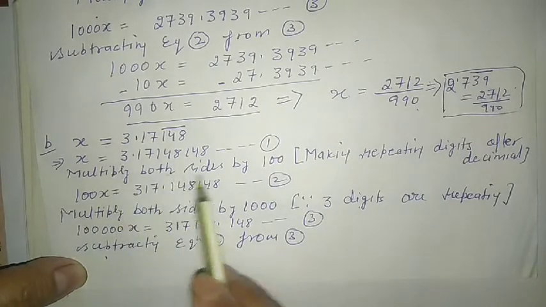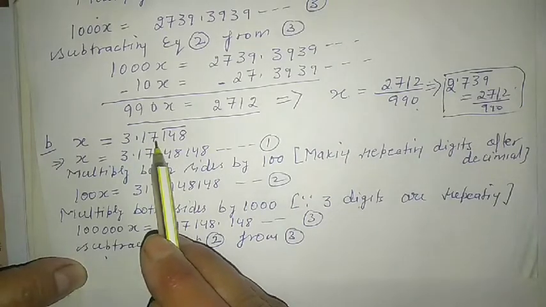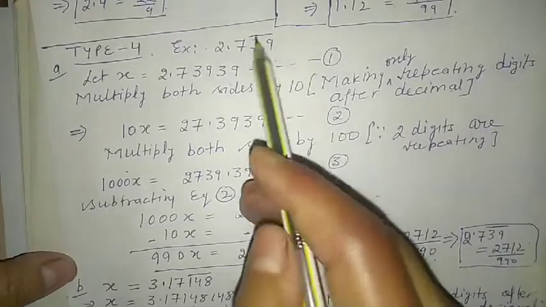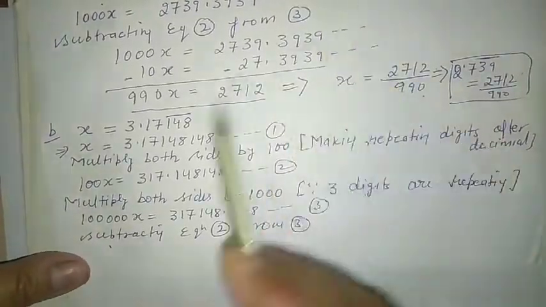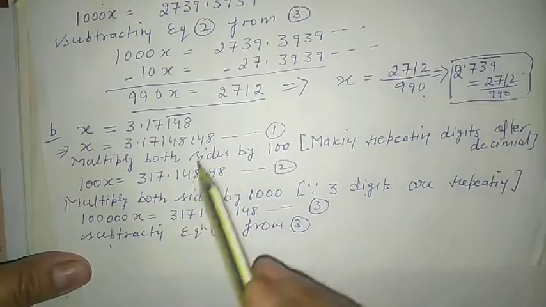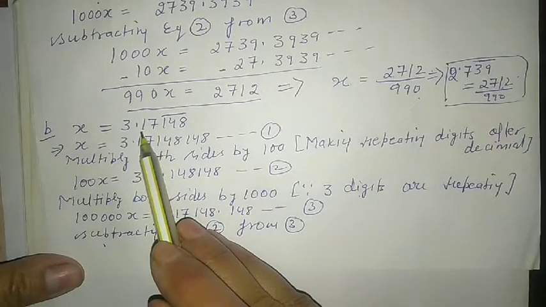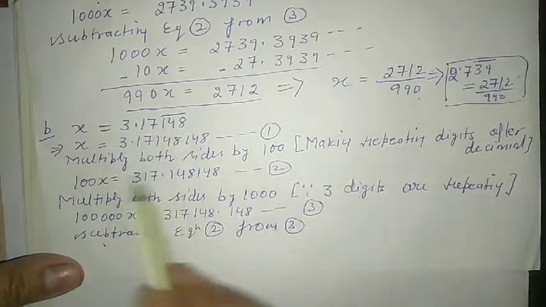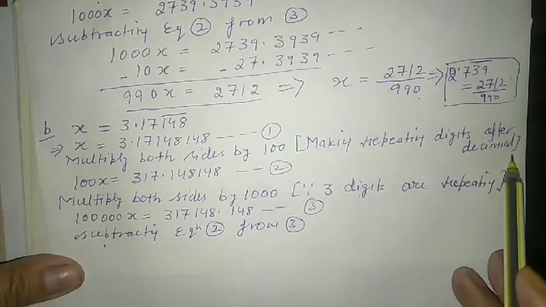So multiply both sides by 100 because after the decimal there are 2 digits. In the previous question, we had only 1 digit. So that's why we multiplied by 10. But this time we are multiplying by 100, because 2 digits after the decimal are without bar. So multiply both sides by 100, making only repeating digits after the decimal.